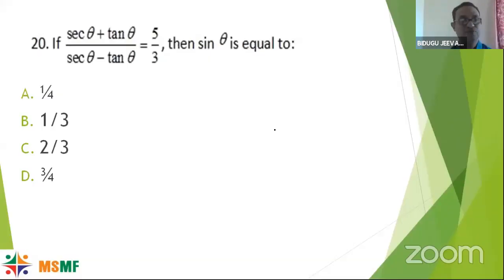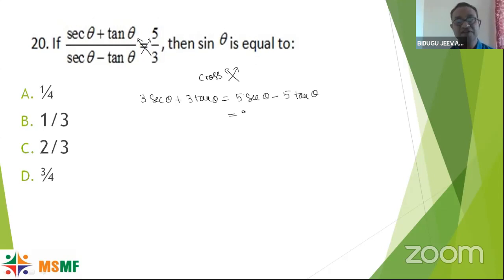Go through the next question, trigonometry. Now here, let us do cross multiplication. 3 secant theta plus 3 tan theta is equal to 5 secant theta minus 5 tan theta.